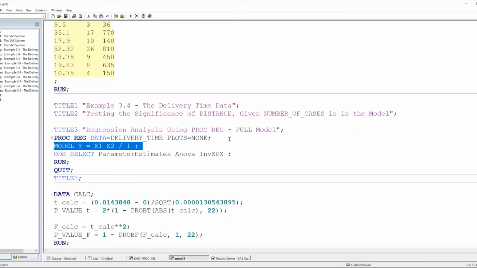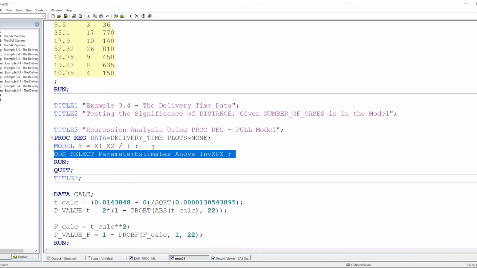In my model statement, I'm going to include the I option. What this does is display the inverse of the X prime X matrix in the output. I'm also going to suppress all of the printed output except what we need, using the ODS select statement.